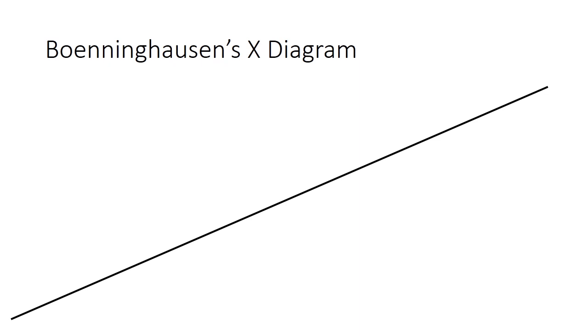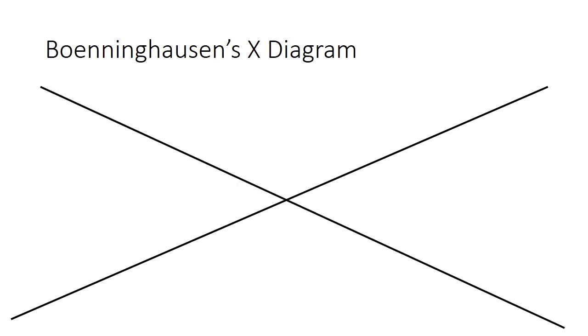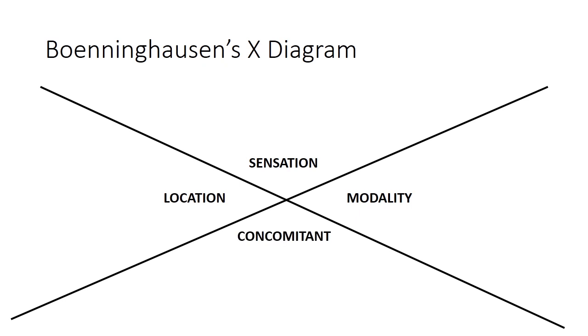So in the Bonninghausen's diagram, we saw that we require those three fundamental coordinates to determine the symptom, which are location, modality, sensation, and importantly, any concomitant which seems to be not based on the presenting sickness or pathology. So the concomitant is another important feature of our symptom which will determine its importance.